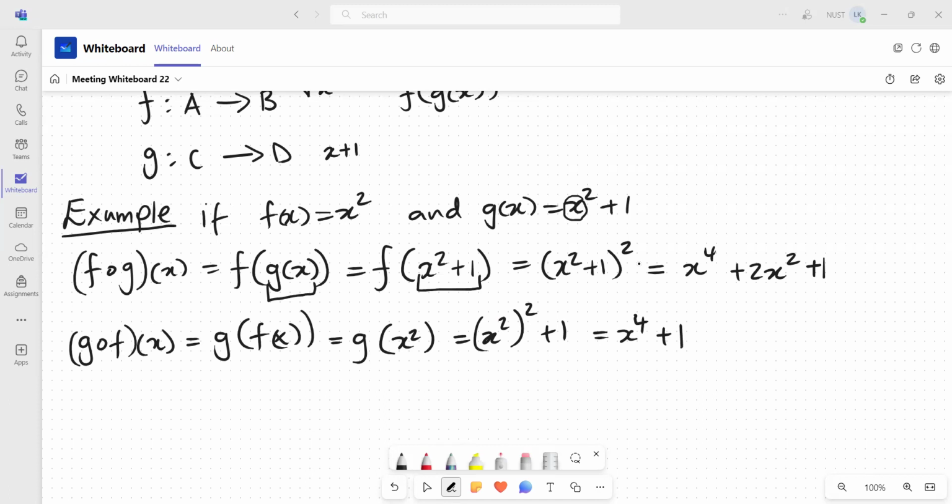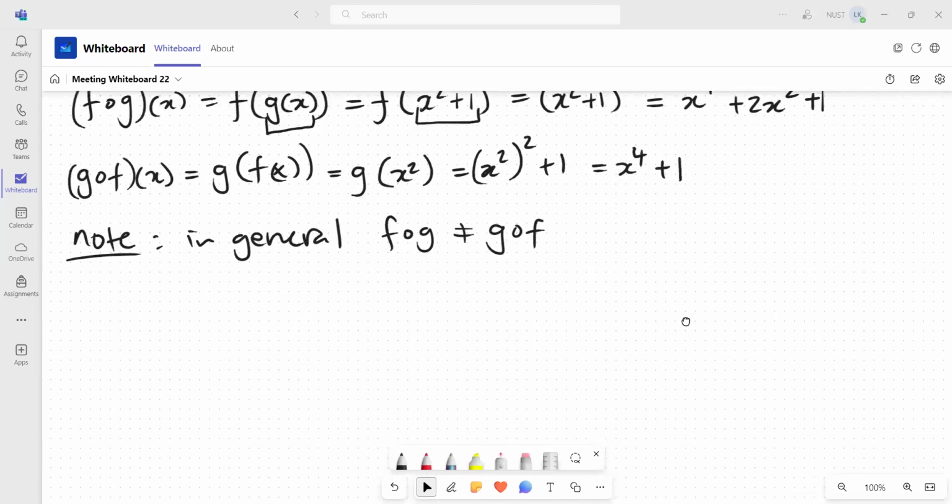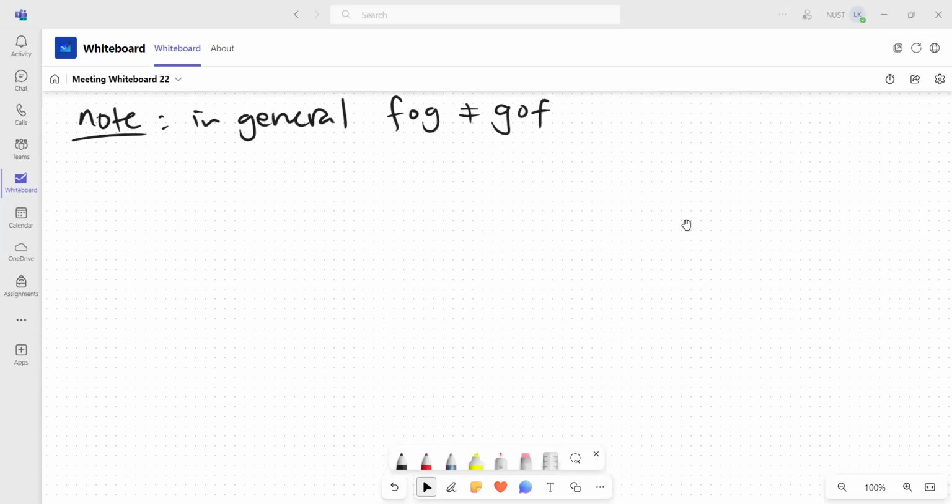And here we can see that these are definitely not equal. So take note that in general, f of g is not equal to g of f. There are obviously some cases where the two are equal, but in general, they are not equal.